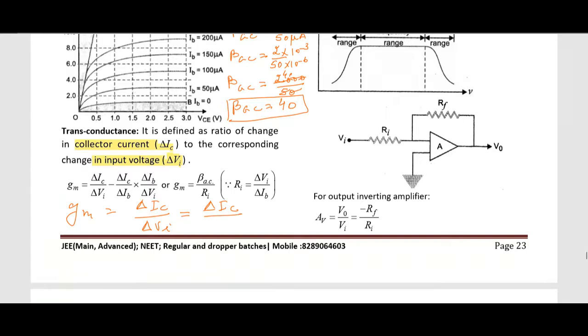and this is equal to delta IC divided by delta IB into delta IB divided by delta Vi. So Gm is equal to, this is delta IC divided by delta IB, this is beta AC.